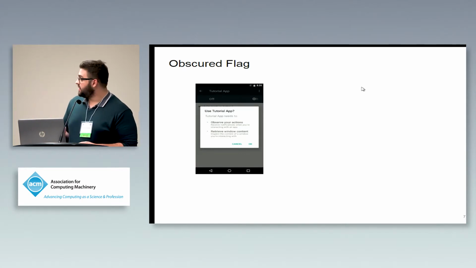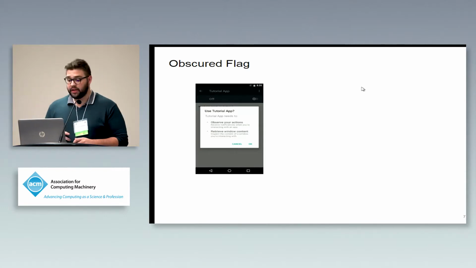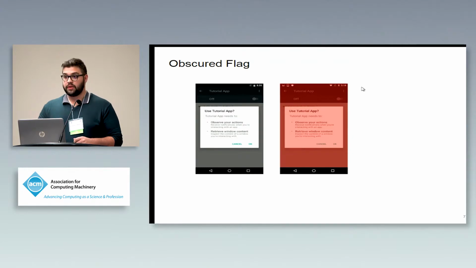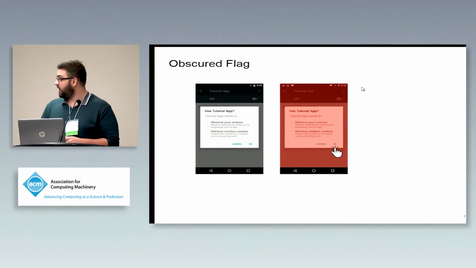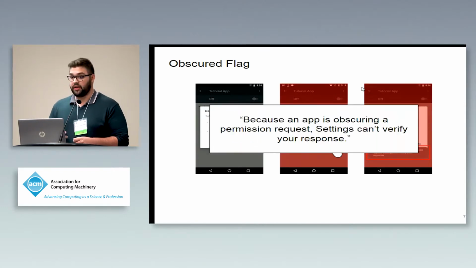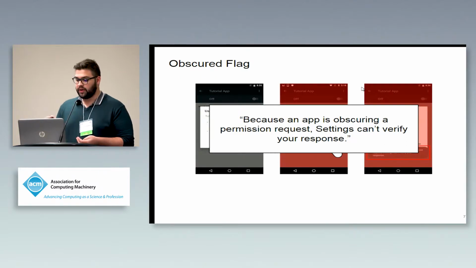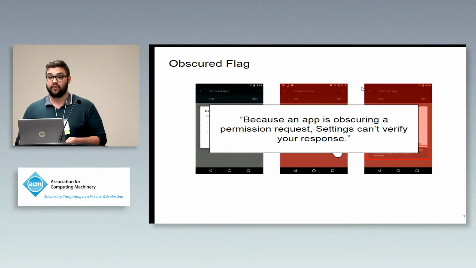Let's say in this example the developer protected the OK button with this flag. The attacker draws his malicious overlay on top of the application, the user clicks the OK button, but since it was protected with the obscure flag mechanism, the click is rejected, and the application informs us that because the button was obscured, they cannot verify our response.